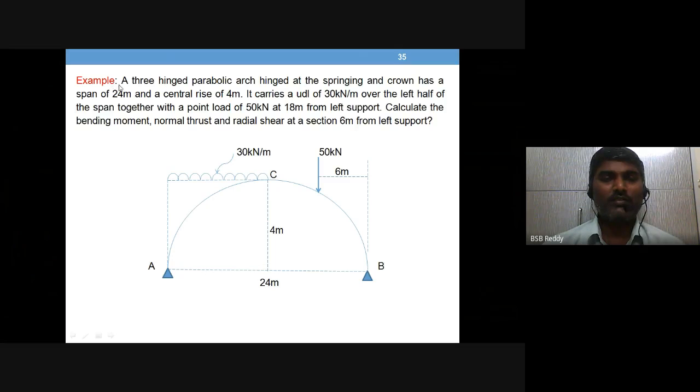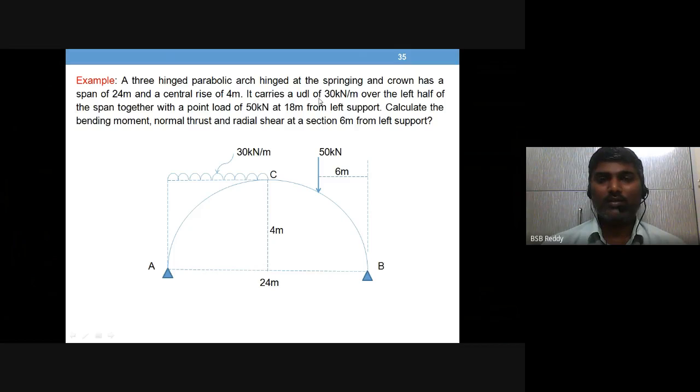Let us see this example. A three-hinged parabolic arch hinged at the springing and the crown has a span of 24 meters, the span AB 24 meters, and a central rise of 4 meters.